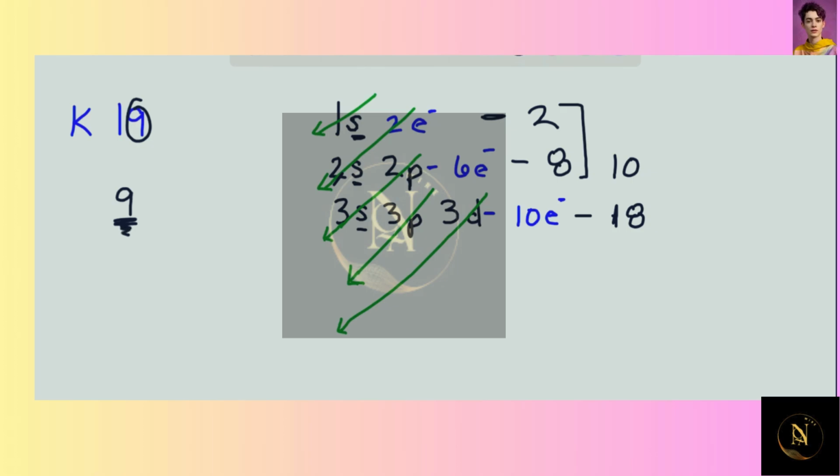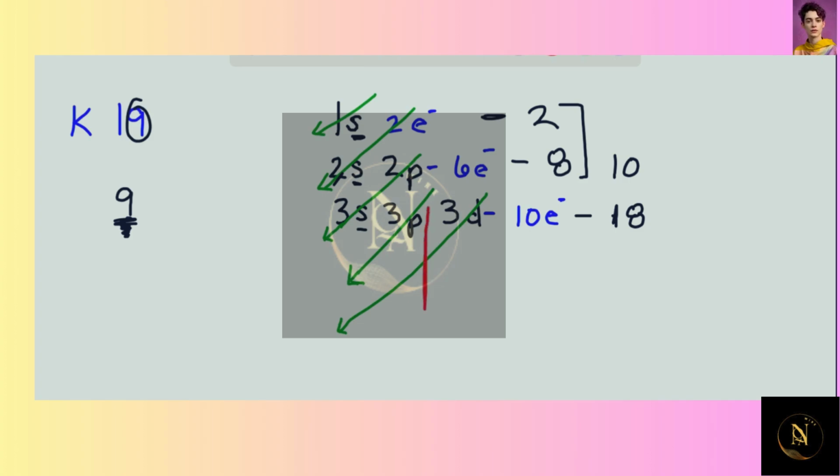That's probably the most important position to look at, because that will give you the answer for this question, and also tell you precisely where it's ending, which will differentiate it from other elements on the table. So we fill up this 3s, so we have 2. Now we're going to have 12 total. We fill up the p, that's another 6, so now we're at 18.